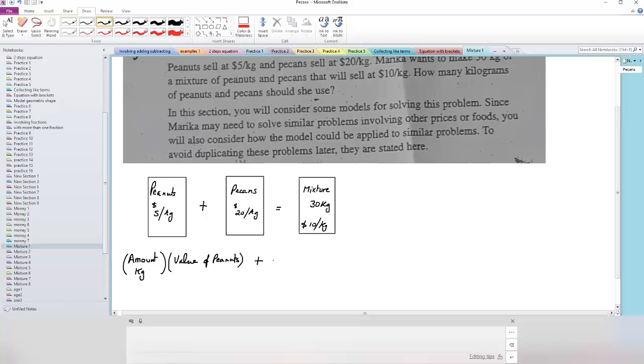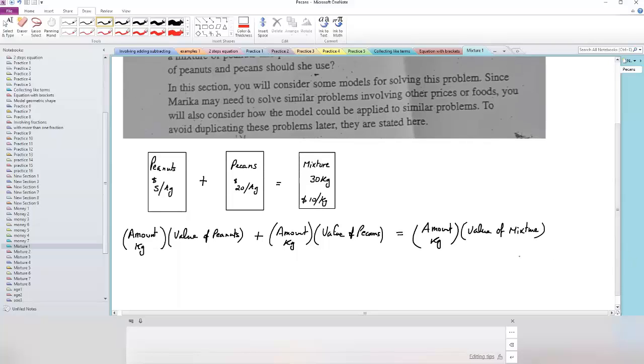And I'm going to add the same thing, the amount in kilos for the pecans, multiplied by the value of pecans, to get a mix. The mix, again, has an amount in kilos and it has a value. So value of mixture.